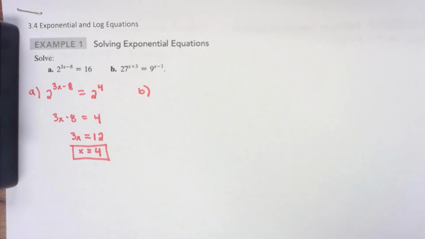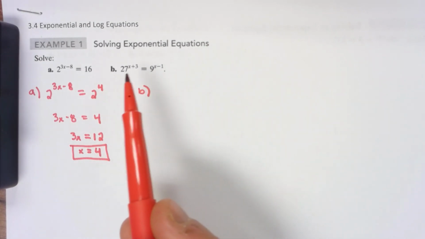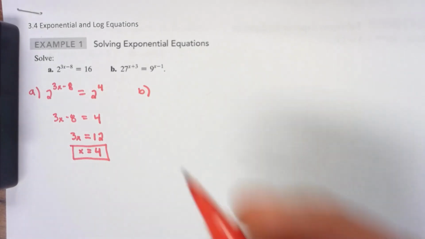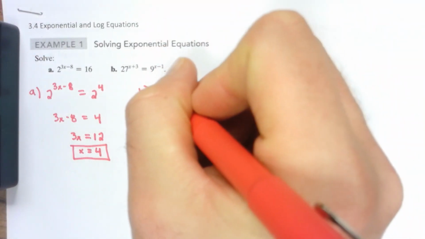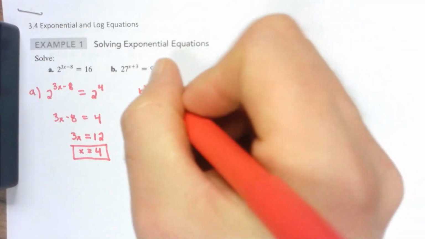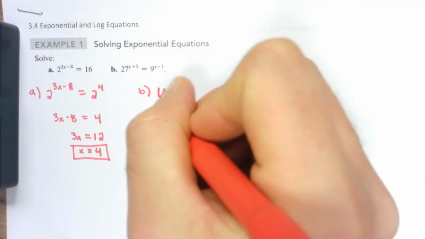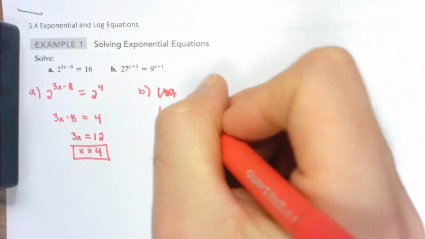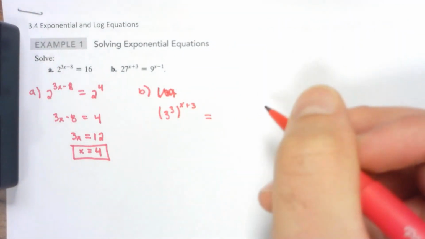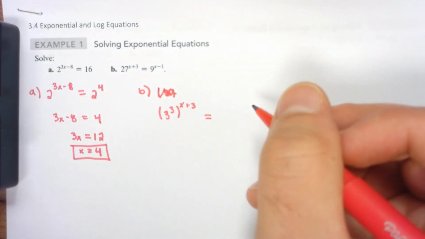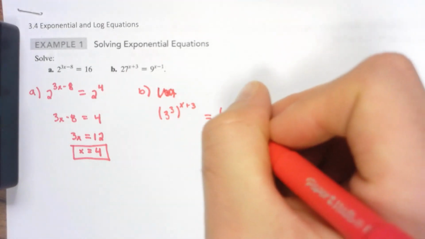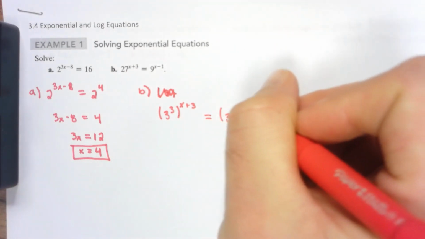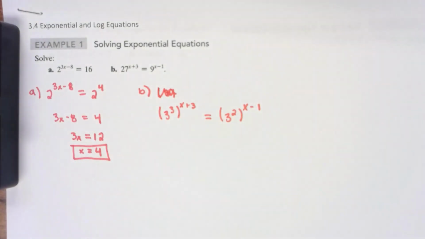Because I know that 9 is 3 squared, and 27 is 3 cubed. So I'm going to rewrite this whole equation. Let's try this again. 3 cubed, which is that 27, to the power of x plus 3, equals 9, which I'm going to rewrite as 3 squared, to the power of x minus 1.